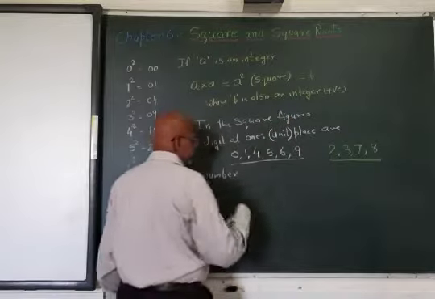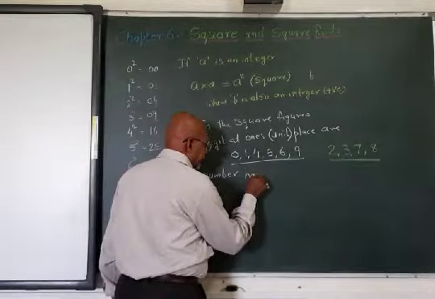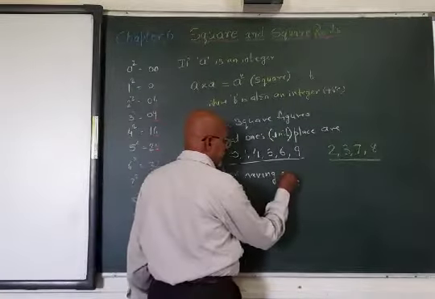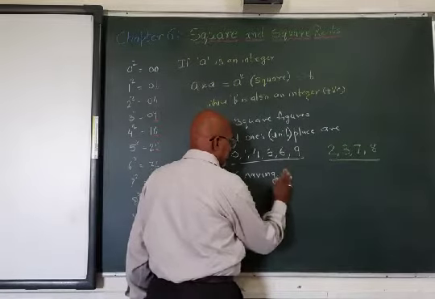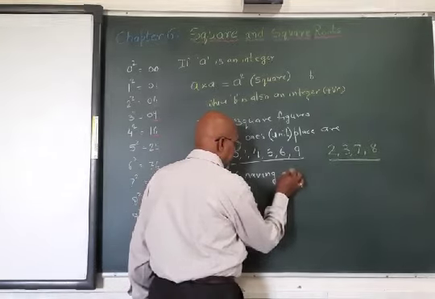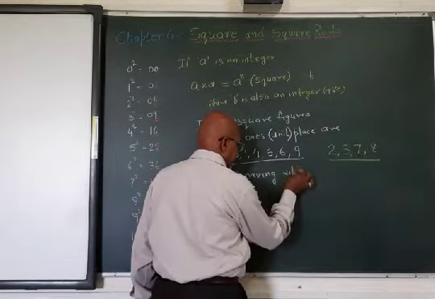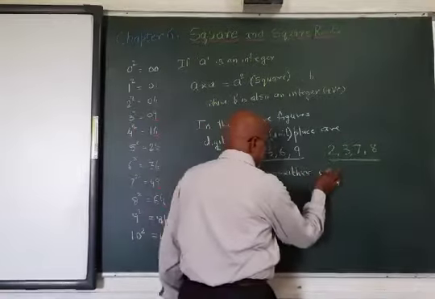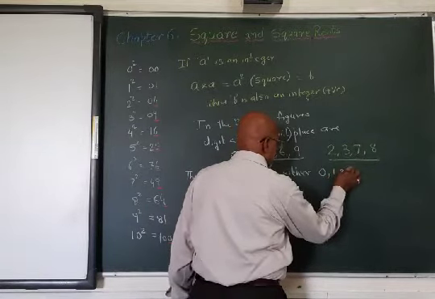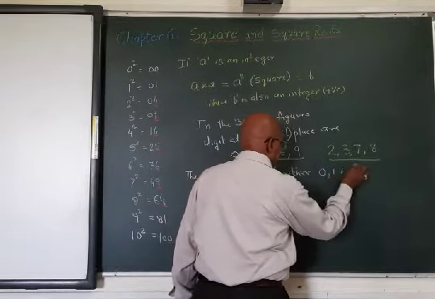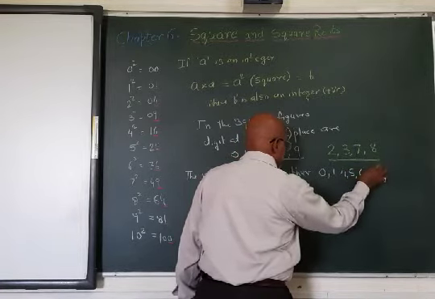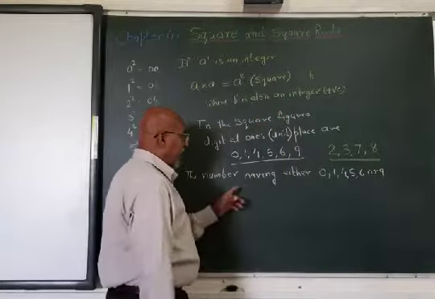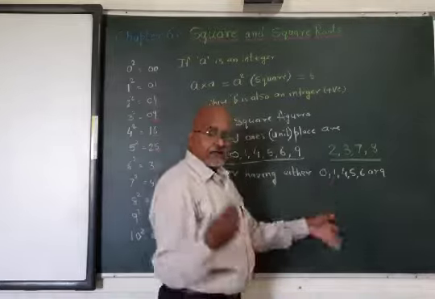The number having either 0, 1, 4, 5, 6 or 9, means either of these 6, any one number.